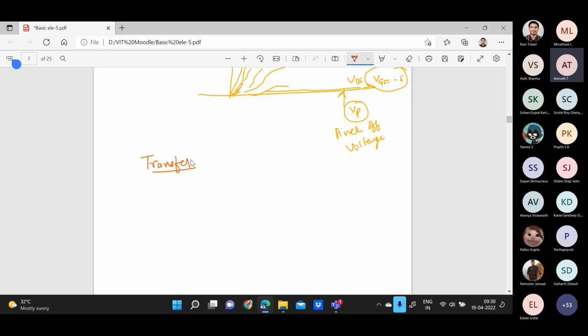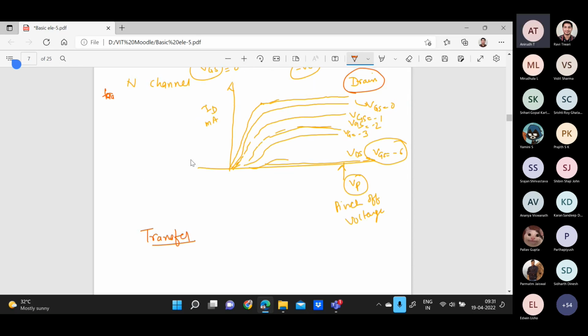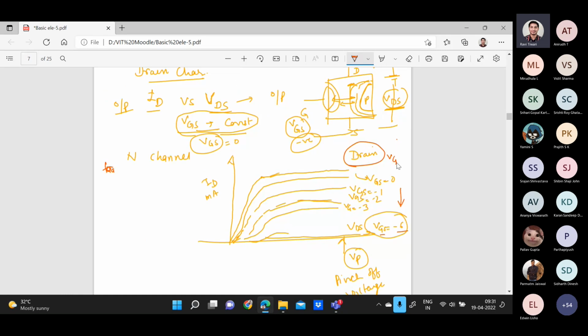Sir, are both drain and transfer characteristics for depletion mode? No, see, as VGS is negative, this is depletion. For example, if you increase VGS to positive, +1, the depletion width will reduce and more current will flow, as it gets more channel width.